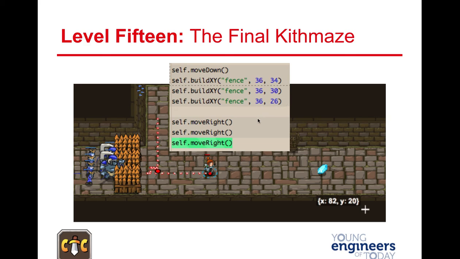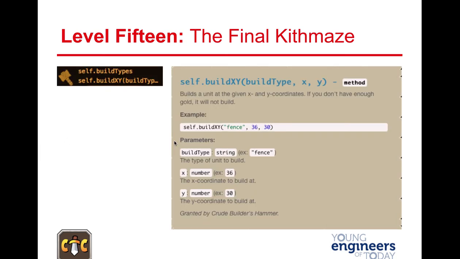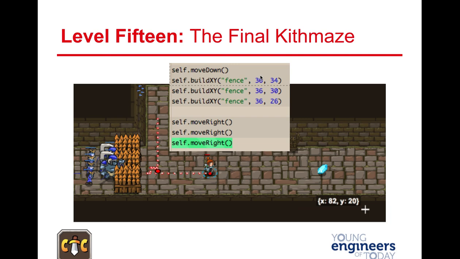And you can think about this as similar to Scratch in that as you move down a line, that Y coordinate is decreasing in value as you move down. The X coordinate, this horizontal line, is staying the same. So 36, 36, 36. But as you go down, the Y coordinate is getting lower. So once those are built, then your character can move right outside of the cave.